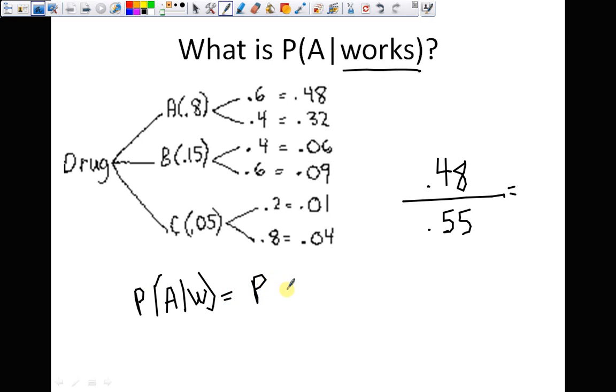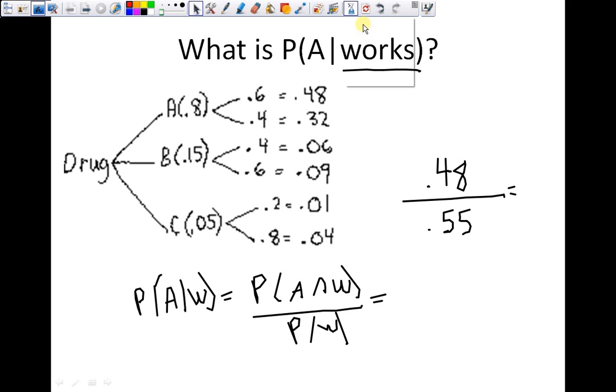That is the probability of A and W divided by the probability of W. And that's exactly what this formula says. The probability of W, the probability of it working, is 0.55. The probability that we use drug A and it works was 0.48. So that's the same answer. That's just verifying that formula there.